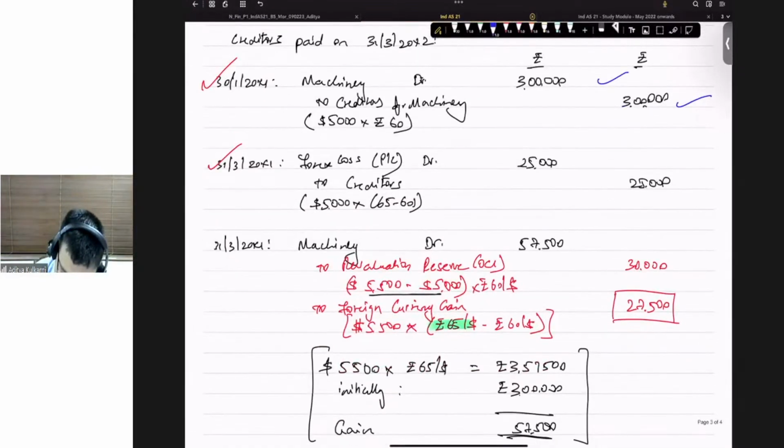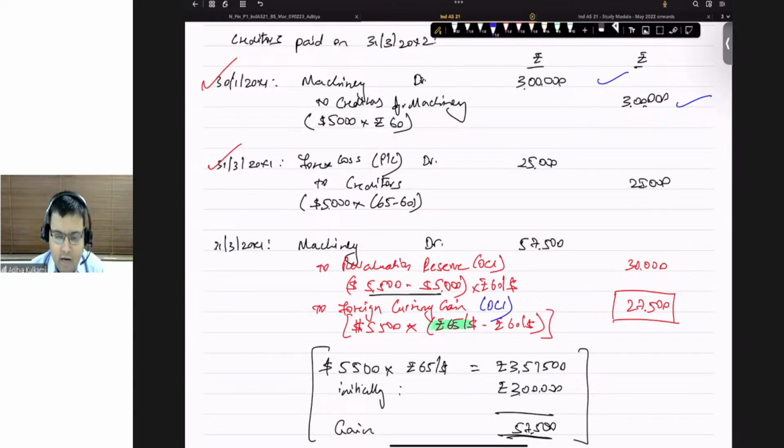And therefore, into 60, we take 30,000 to revaluation reserve. Because of increase in foreign currency fluctuation, where do I take that? That also I will take it to foreign currency gain, which will, my friends, go to other comprehensive income, because originally the revaluation went to other comprehensive income. So this also will be going to other comprehensive income.